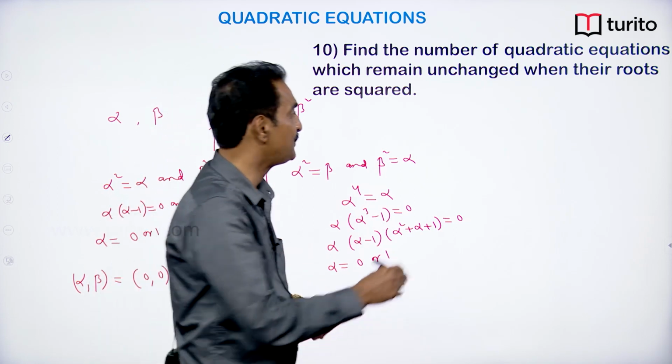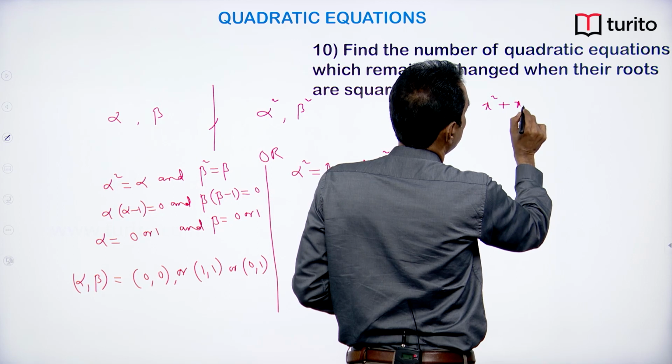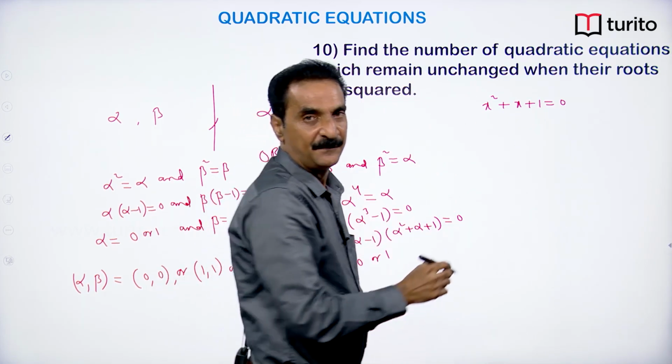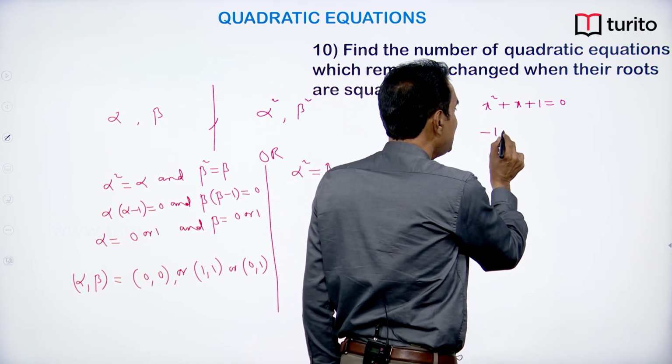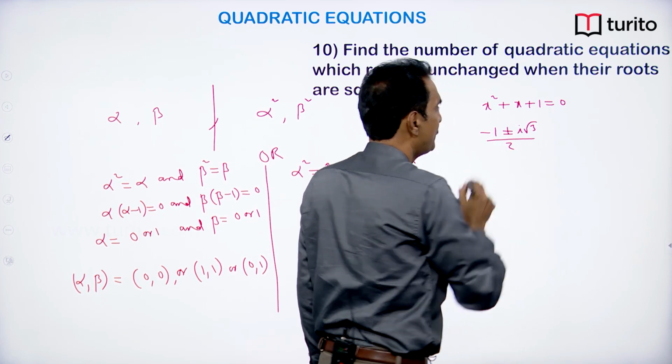I want to discuss some point here. If you take the equation x square plus x plus 1 is equal to 0, if you calculate the roots, you will get minus 1 plus or minus i root 3 by 2.